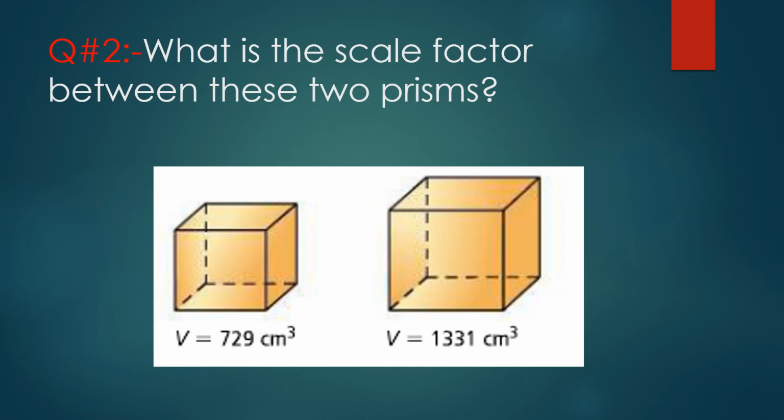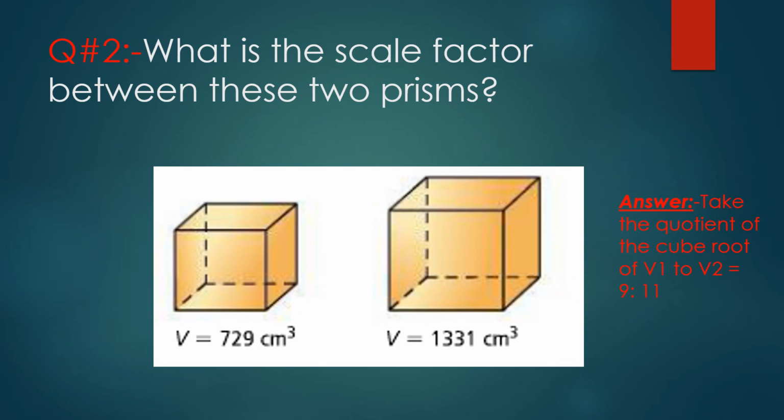Remember Theorem 11-12. The volume ratio is the same as A cubed to B cubed, which means you can take the cube root of the quotient of these volumes to find the scale factor.